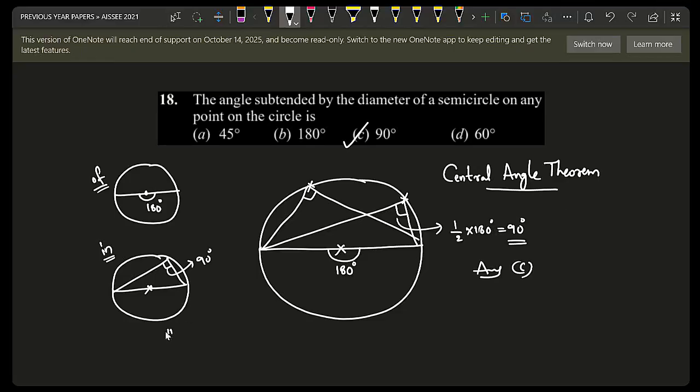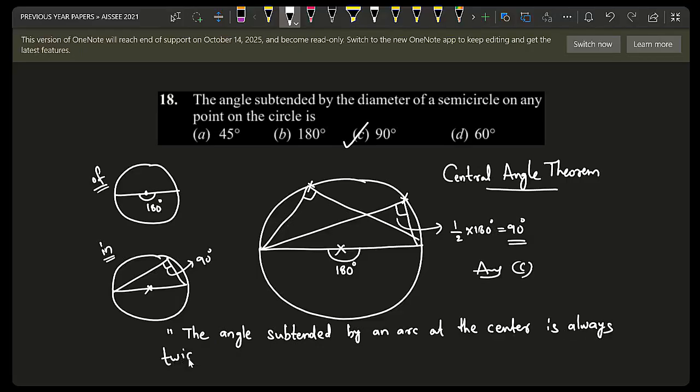Everybody has to remember what is central angle theorem. Statement: The angle subtended. Subtended means formed. The angle subtended by an arc at the center is always twice.